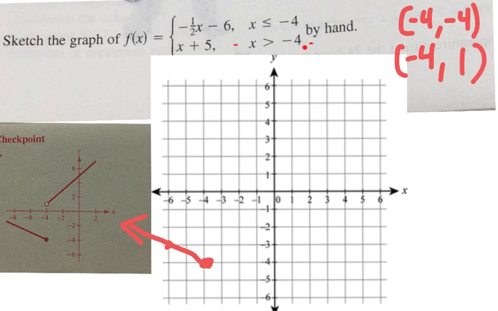It has to be greater than this, so at (-4, 1) I'm putting an open circle. Then I'm going to use the slope to find the next few points. The slope here is +1, so I could go up 1, over 1. I could do this as many times as I would like. And again, that line's only going towards the right because it has to be things greater than -4, which would be to the right of -4.